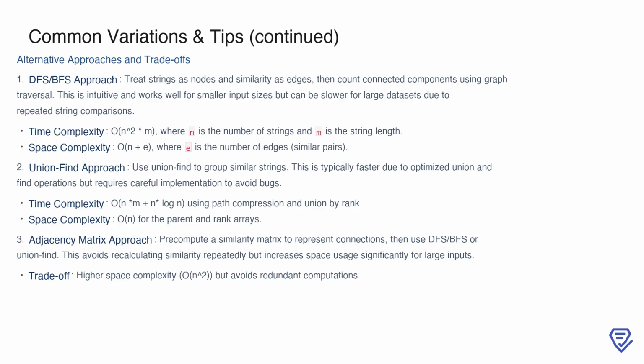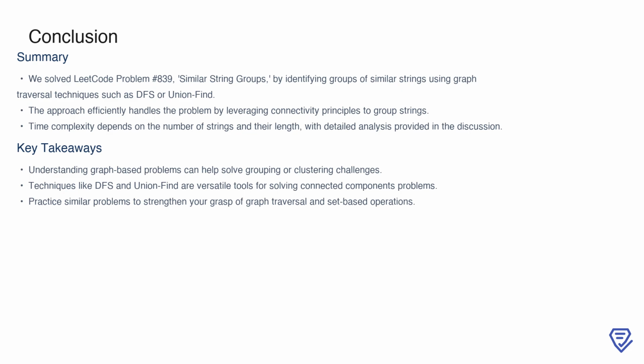This avoids redundant similarity calculations during traversal but comes at the cost of higher space usage, specifically O(n²). While this trade-off increases memory requirements, it can save computation time in certain scenarios. Each approach has its strengths and weaknesses, so understanding these trade-offs is key to selecting the right method for the given constraints.